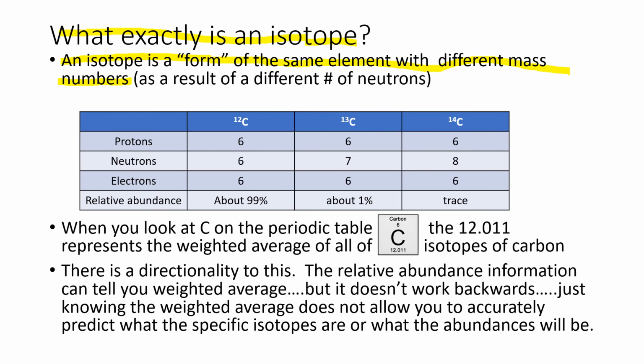Well, that's going to result from a differing number of neutrons. When we think about that, it has to be true. If we have the same element, the number of protons is the same. And if the number of protons is the same, but we have different masses, those different masses have to come from a differing number of neutrons.